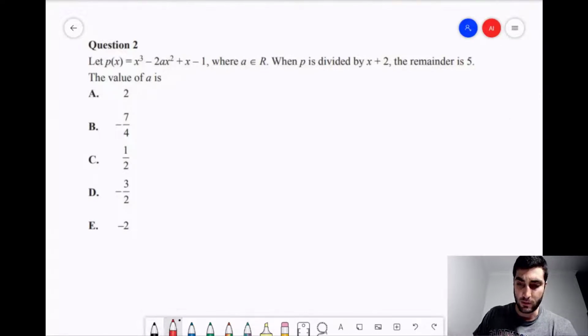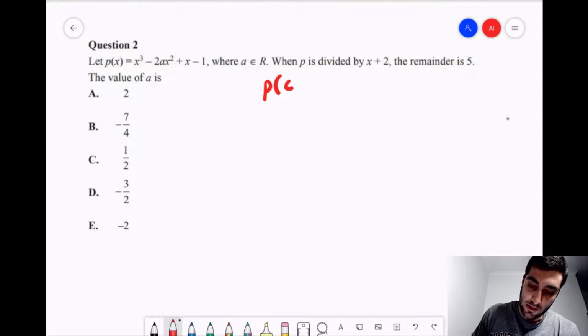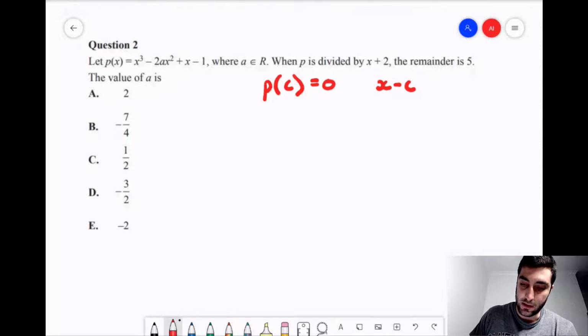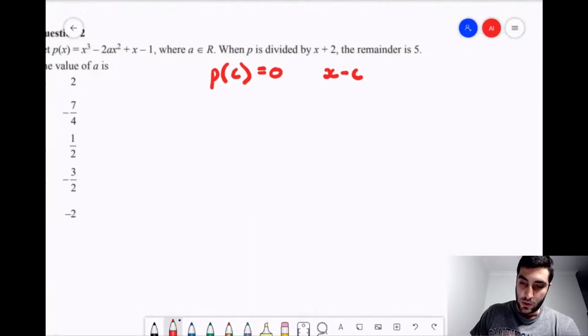So hopefully you guys can recall factor theorem. Factor theorem states if p of, let's just use a random value c, is equal to 0, therefore x minus c would be a factor of your polynomial p of x.